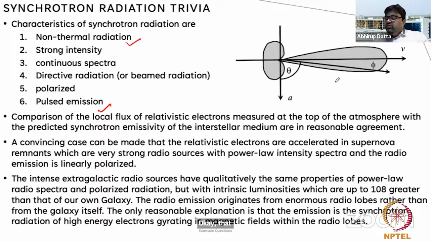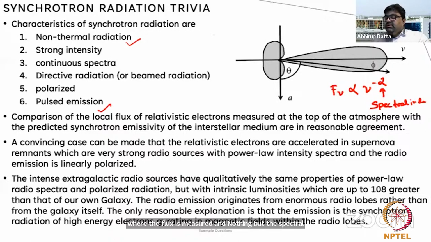So we know that the flux density F_nu is proportional to nu to the power minus alpha. Nu is the frequency where the flux is measured, and alpha is nothing but the spectral index. Supposedly you are looking at a radio galaxy at 2 different frequencies.